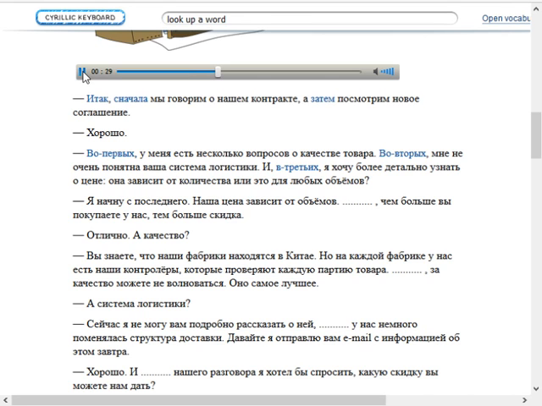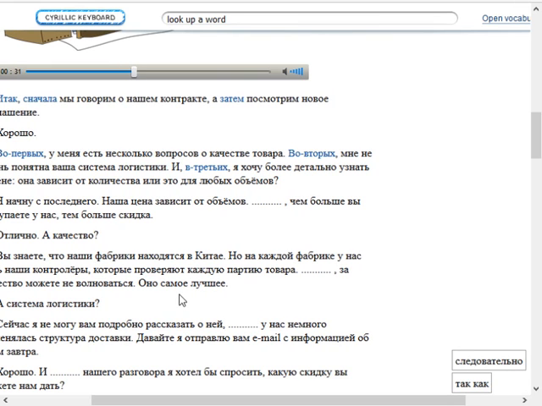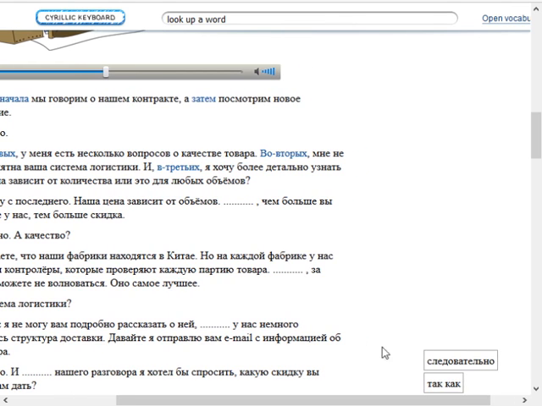Следовательно, чем больше вы покупаете у нас, тем больше скидка. Okay, so следовательно basically means, like следующий means next, so следовательно basically means the next thing after that, or like it follows from that.